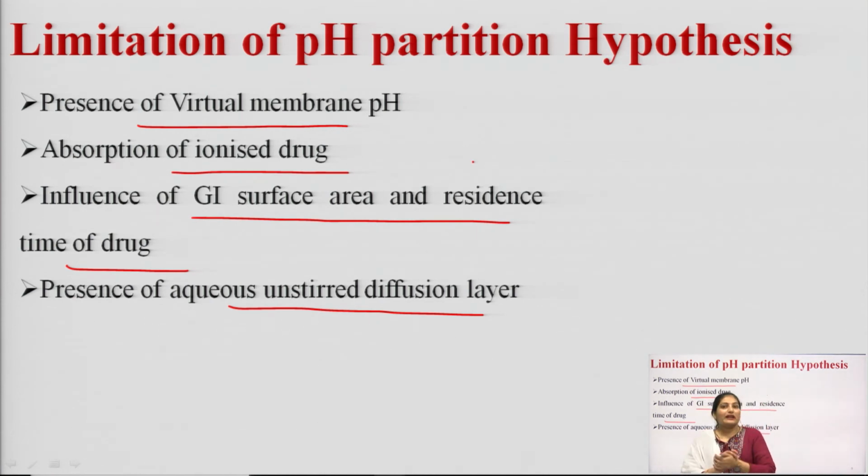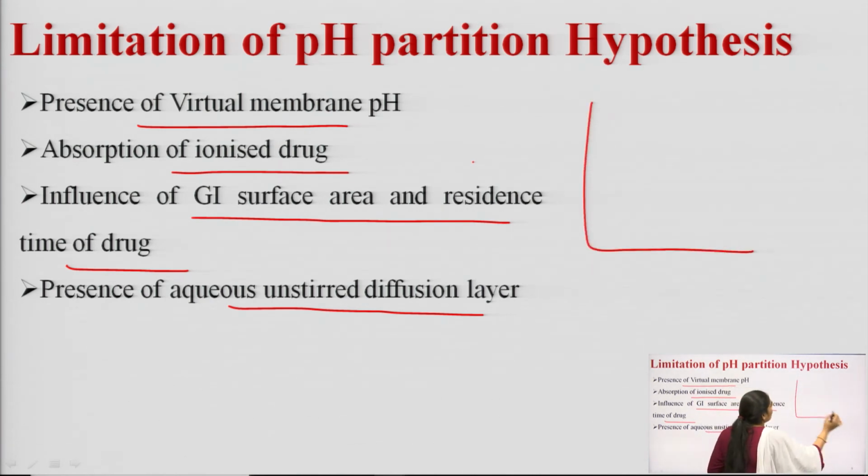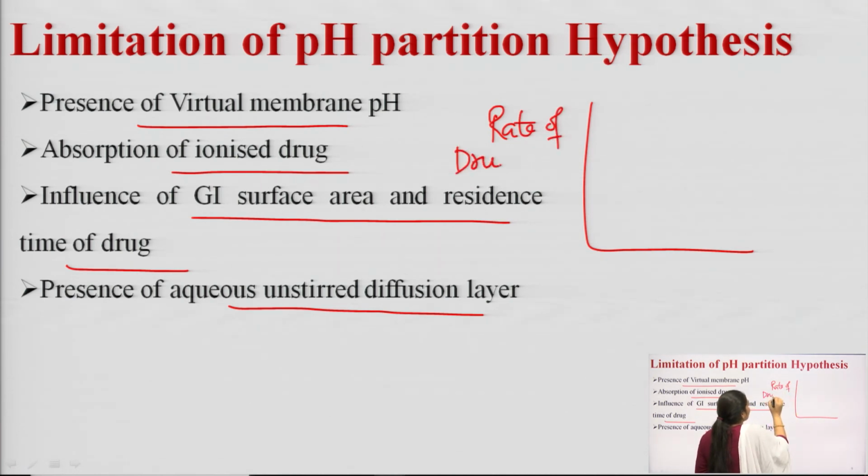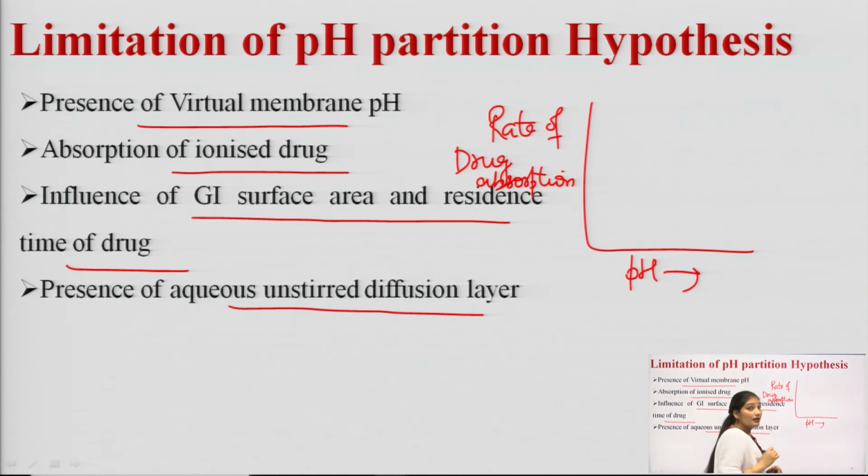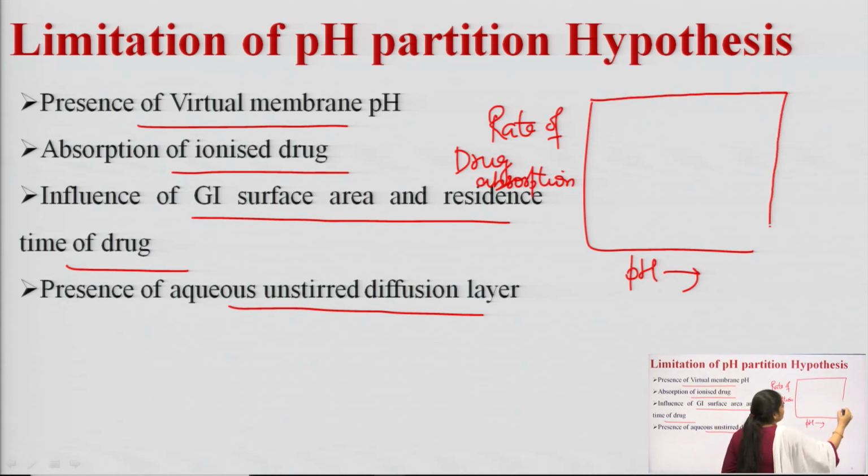This pH partition hypothesis suggests that only the unionized drug at a given pH is absorbed. So, when we plot a graph between the rate of drug absorption and pH, then we will obtain an S-shaped curve.